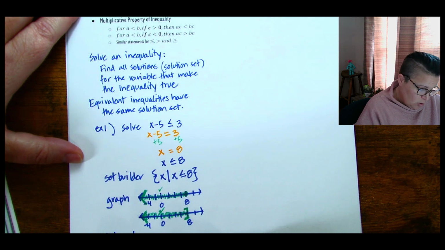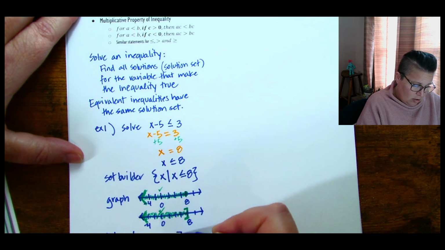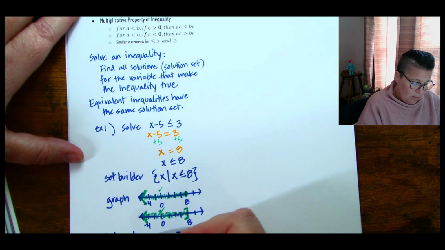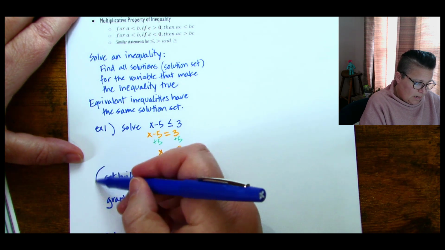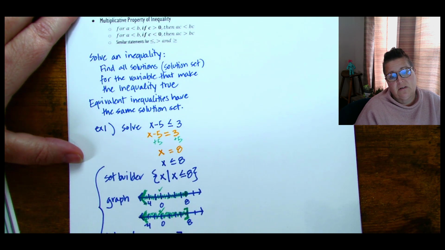So infinity is always going to be a rounded parentheses. The 8, however, is spot on. That is a hard stop. It can be 8. So in interval notation, it will be a rounded parentheses, negative infinity, comma 8, hard stop. Okay? All right, so these are the 3 possible ways of answering this particular question.